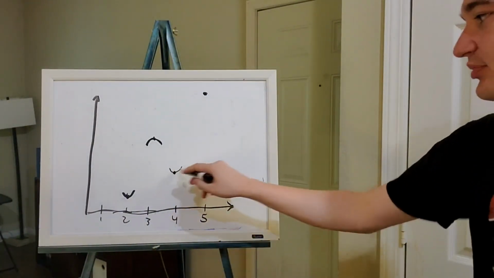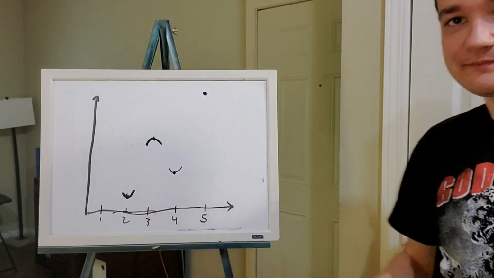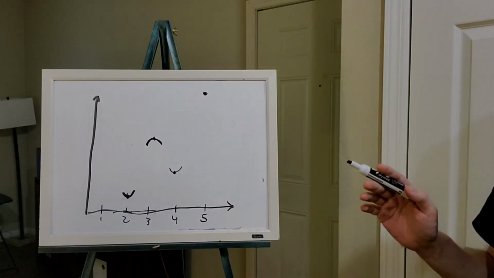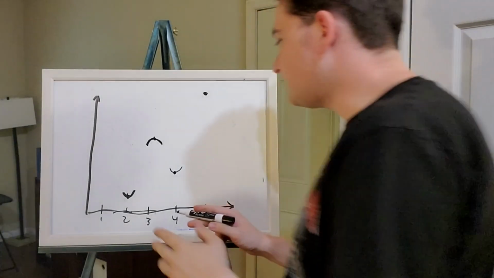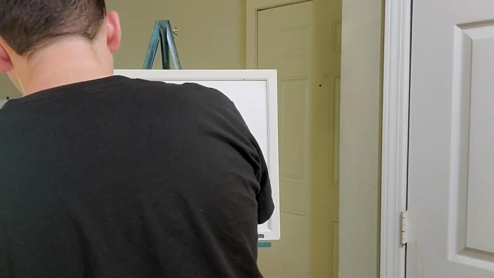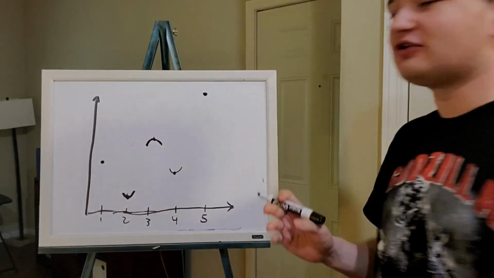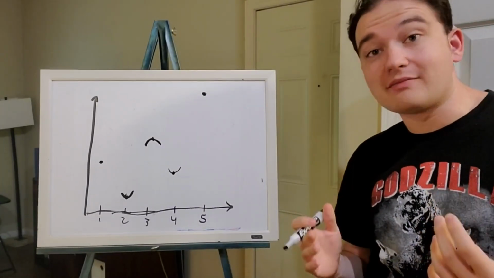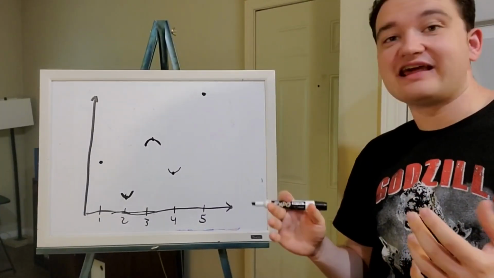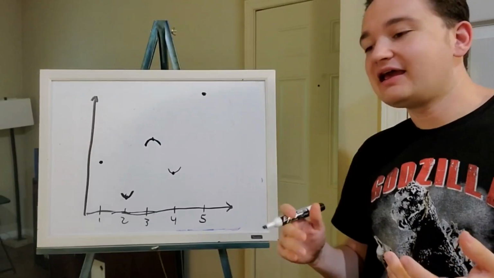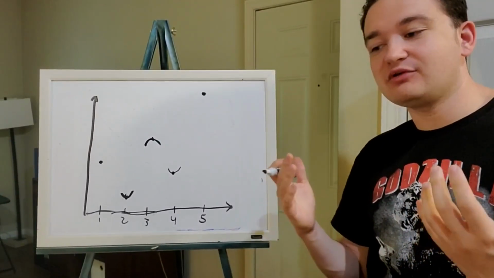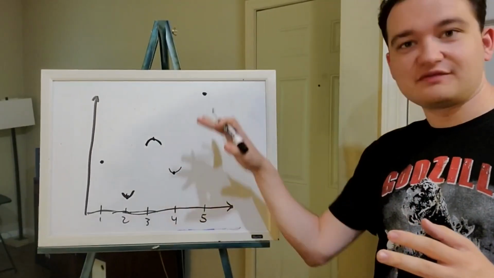It's kind of like the bottom of these valleys. And then finally, since 1 isn't anything special, we're just going to give it a y value. It's not going to be a local max or min. It's just an endpoint.